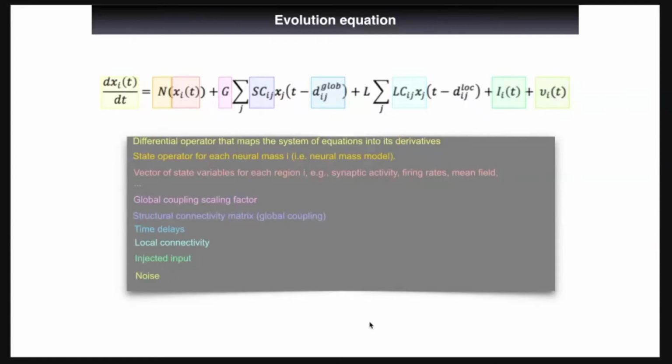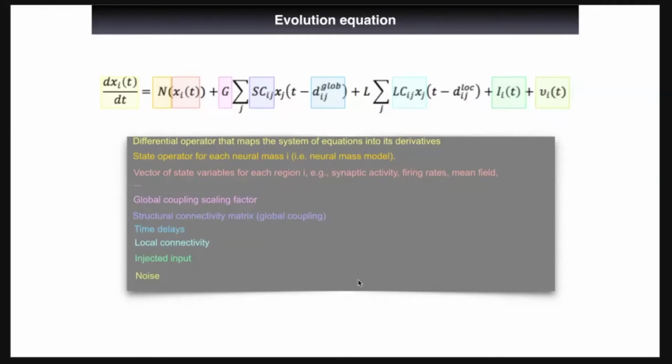The first sum operator shows how the state variables of all the connected nodes J are summed up, taking into account the time delays D in this equation that come from the distances between the region pairs, and also the connection weights that we get from the diffusion tensor imaging data, which are in the structural connectivity matrix as C.